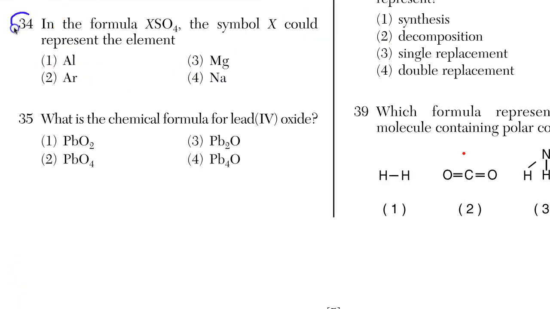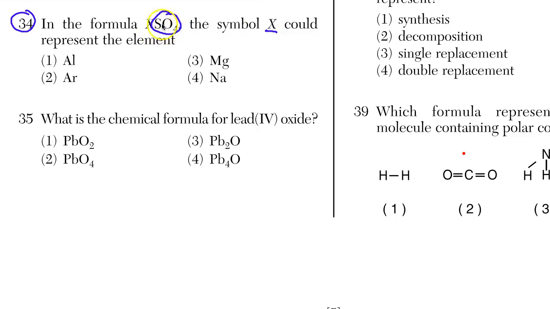Number 34, in the formula XSO4. What the heck is that? That's a sulfate ion. We can go to Table E to know that. So this is going to be a polyatomic ion. Right away, I should know what charge this is. If I don't remember, let's look it up because they want to know what X is.